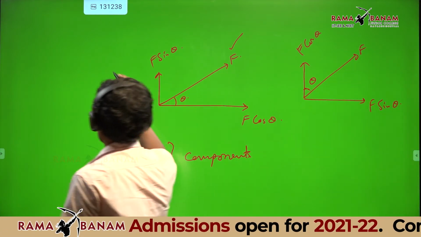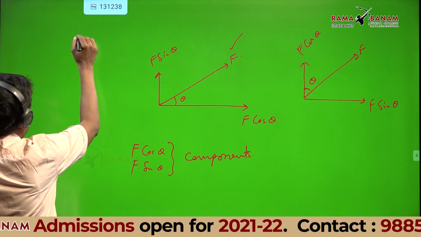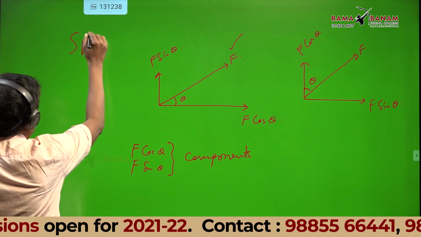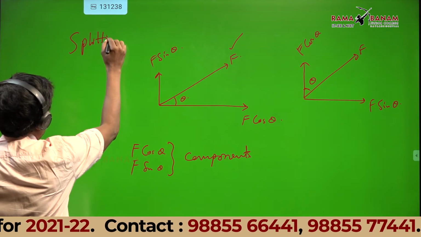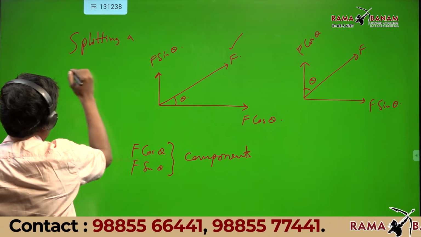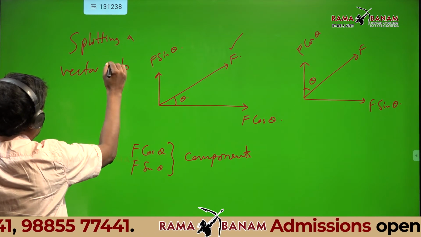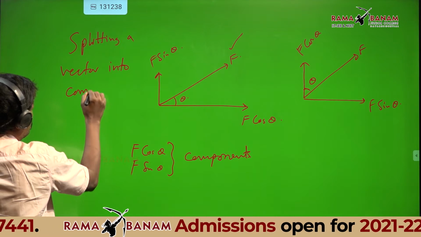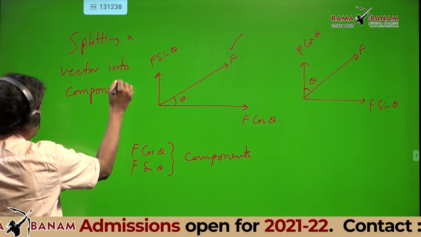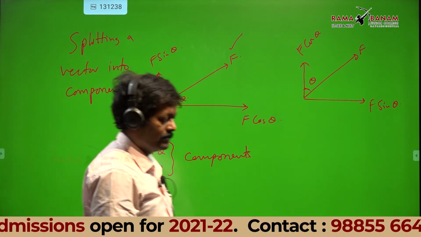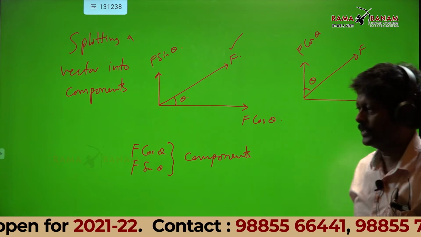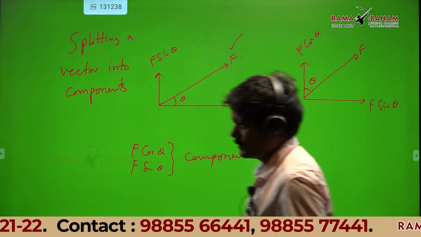Write there a subheading, splitting a vector into components.